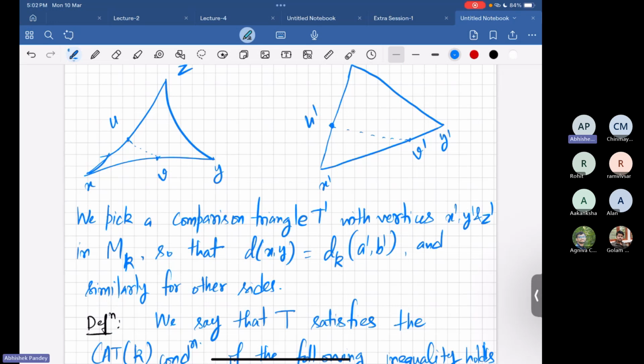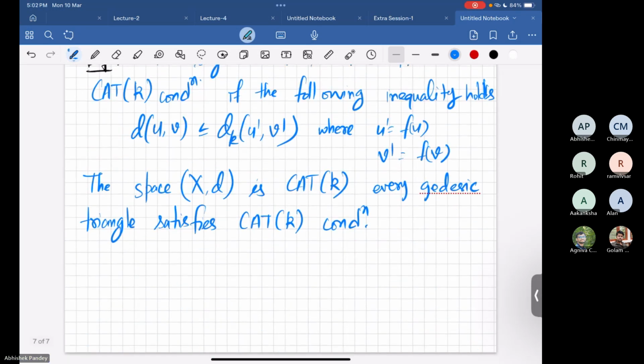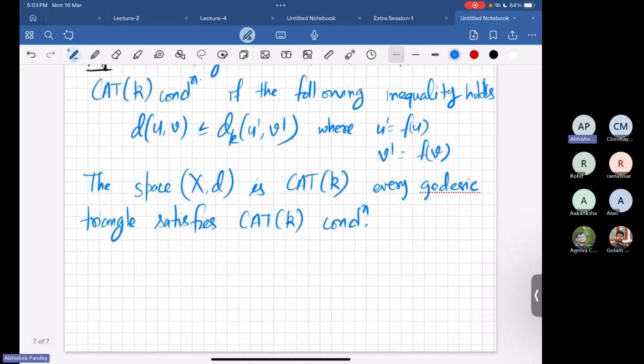Okay, so we'll move ahead. And here comes our definition of non-positively curved spaces.